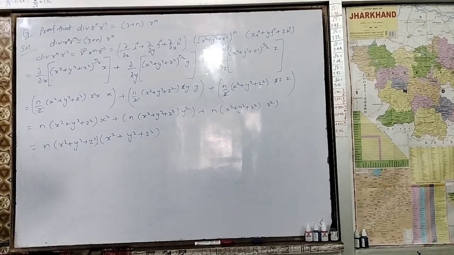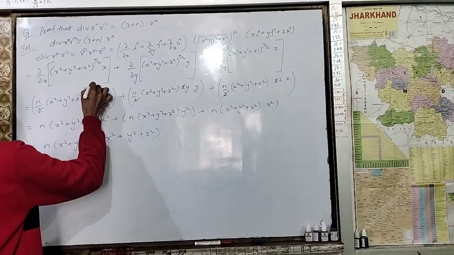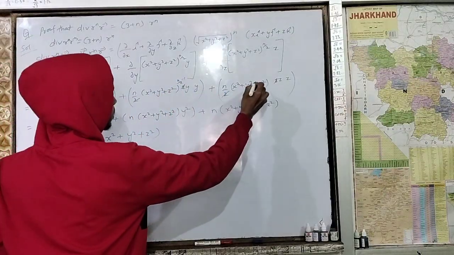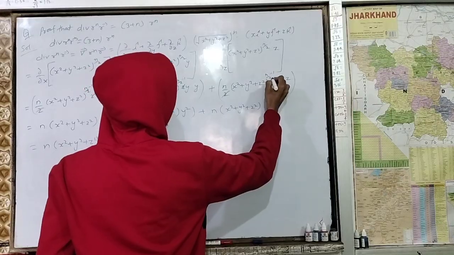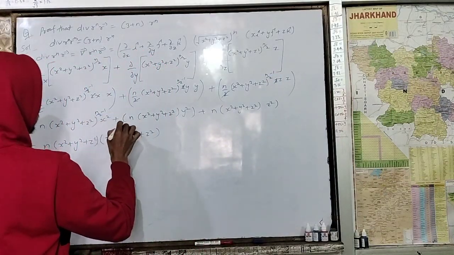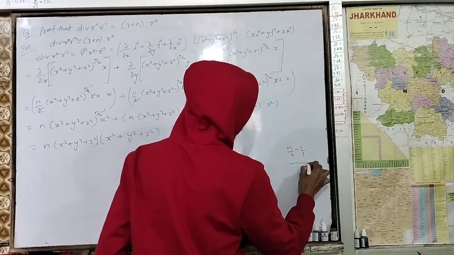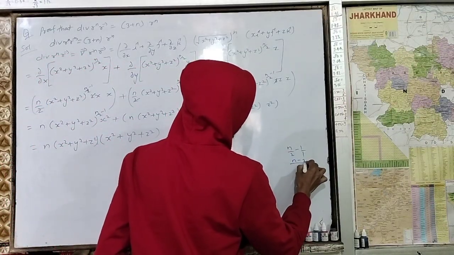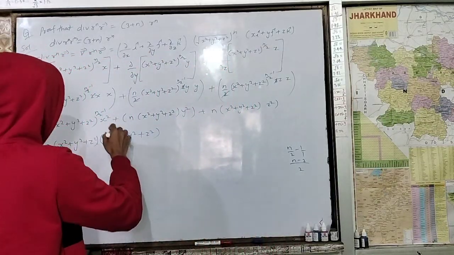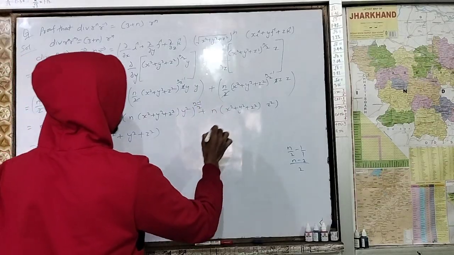Look at over here. This will be n upon 2 minus 1. N upon 2 minus 1. Same over here, n upon 2 minus 1. And n upon 2 minus 1 is equal to (n minus 2) upon 2.